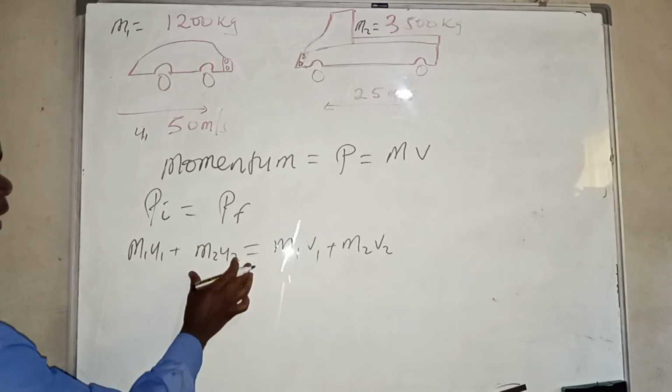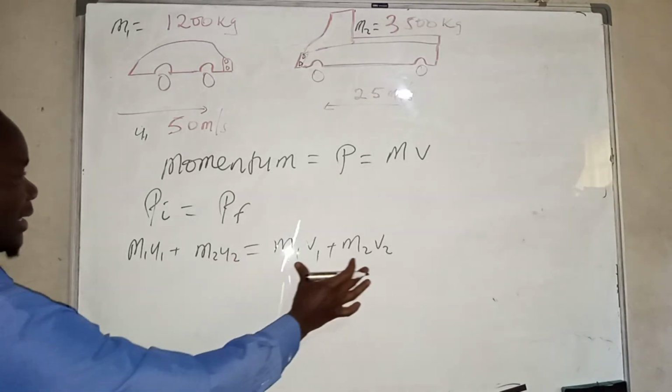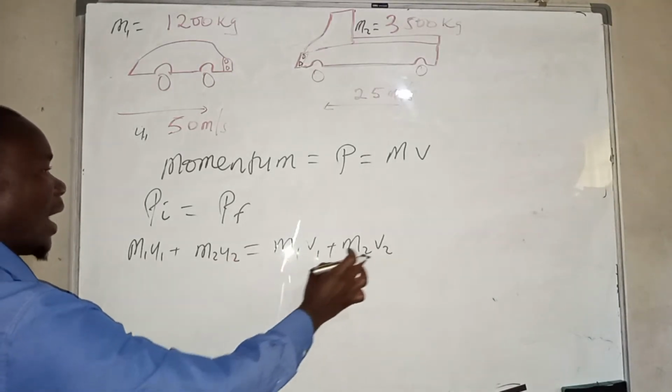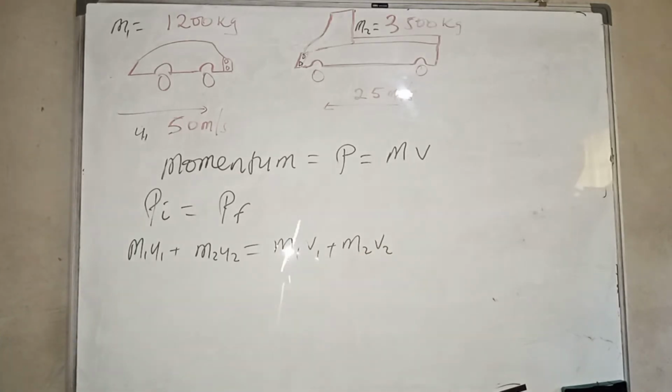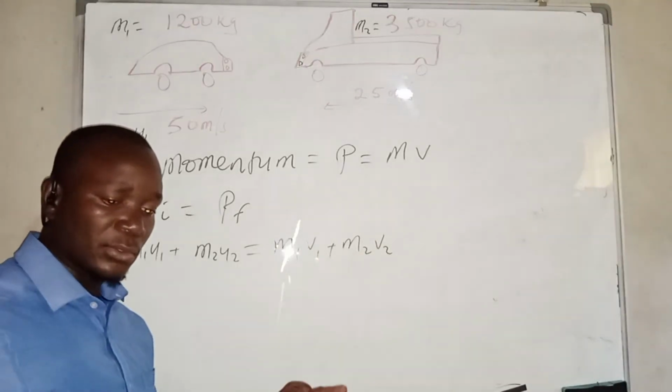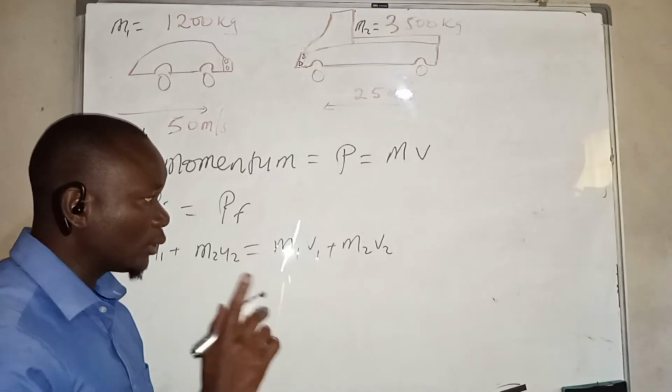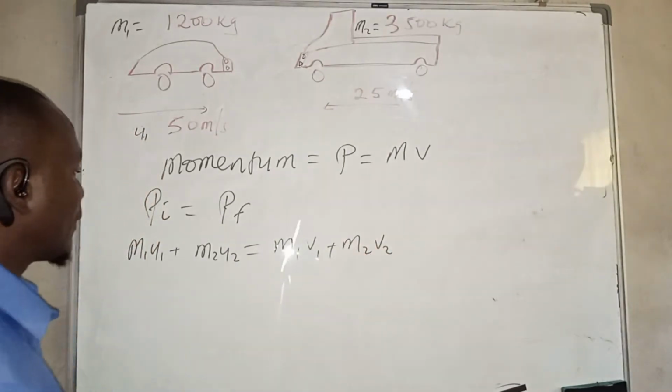But here, what we need to know is that v1 and v2 should be the same, because the two cars are going to collide, stick together and move with a common velocity.